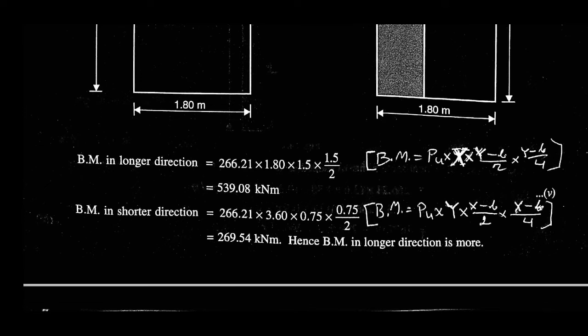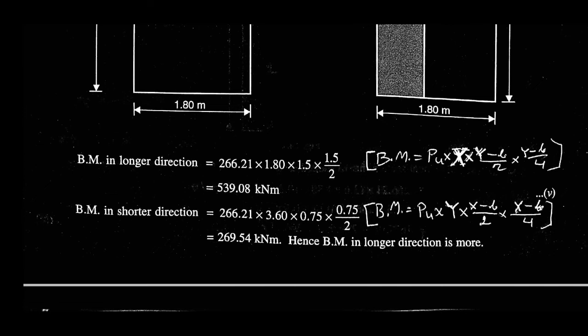Okay, so now the bending moment in the longer direction will be 266.21 into 1.80 into 1.5 into 1.5 by 2. Just beside this, I have written the formula. So this is as per the formula, that is equal to 539.08 kilonewton meter.